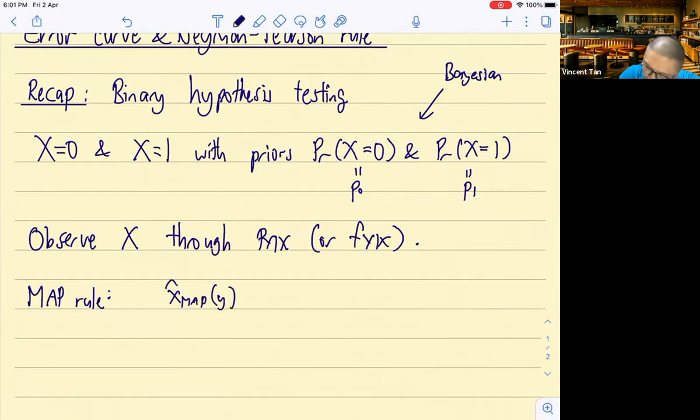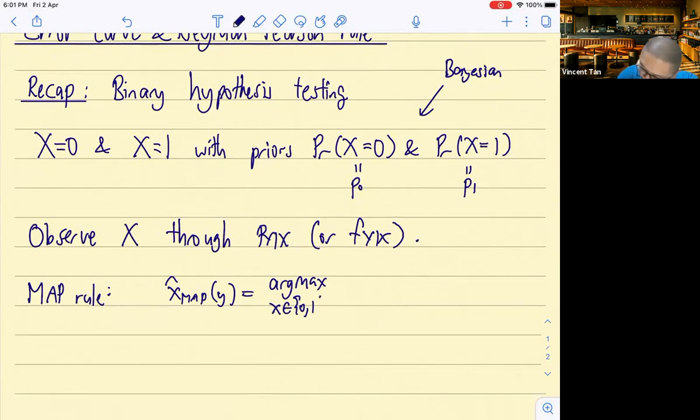You observe Y, and you would like to make the best decision. You try to find X belonging to 0, 1, all the way until m-1. In the binary case, this is simple. We don't need to care about this. In the binary case, X can only take on values 0 and 1. And in the MAP case, we are looking for P of X given Y. This is called the posterior probability, if you remember.